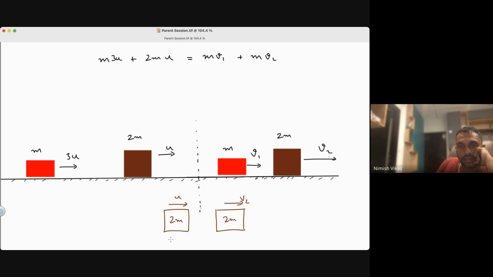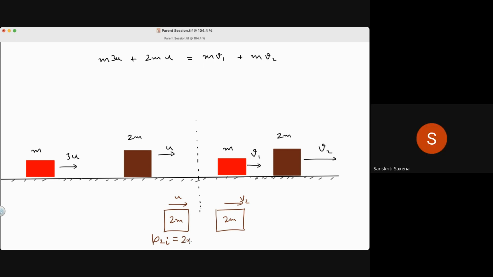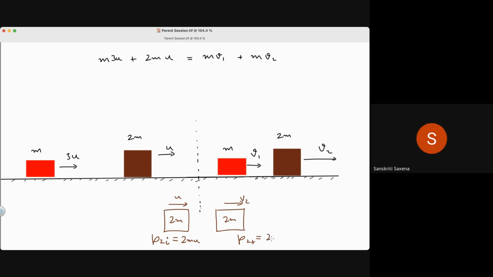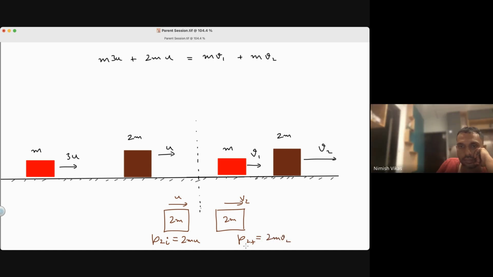Initial momentum, I can write it as P2 initial, which is how much, guys? 2mu. P2 final, which is how much? 2mv2. And then how do I connect them with the impulse?